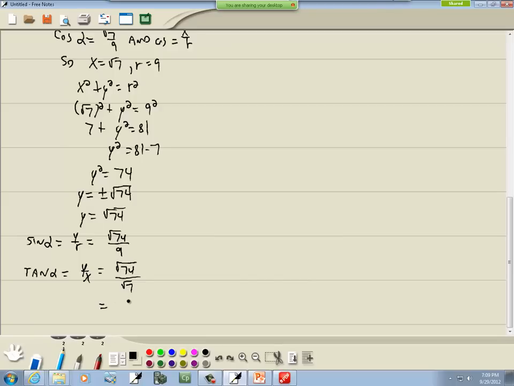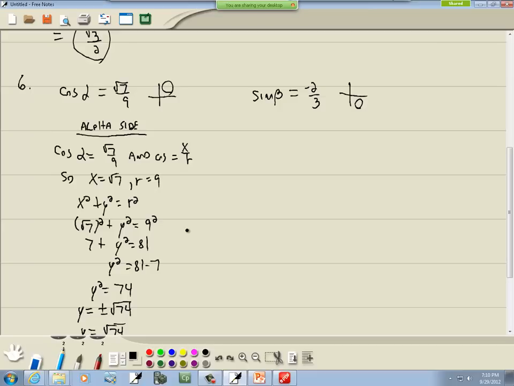Well, can't have the square root there, so multiply top and bottom by square root of 7. That's square root of 518 over 7. Is that right? 7 times 74, 518. Yep, that looks right. Okay, so those are our alphas.